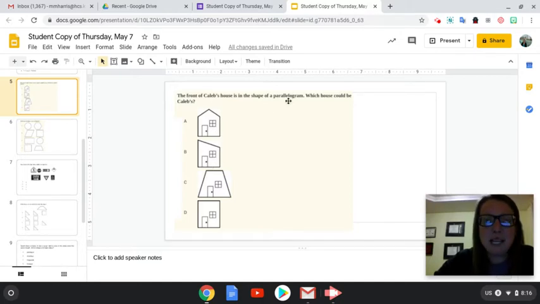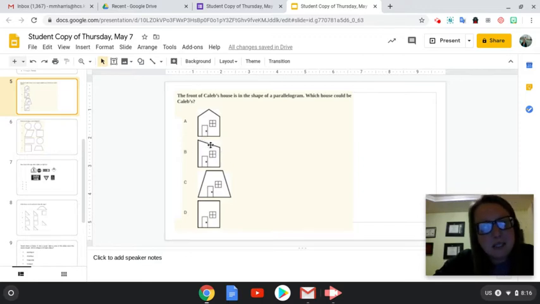Look at B. It has 1, 2, 3, 4 sides. But it says parallelogram, and what do we know about a parallelogram? A parallelogram has how many pairs of parallel lines? 2. Let's look at this one. I see 1. Those are parallel, these lines.